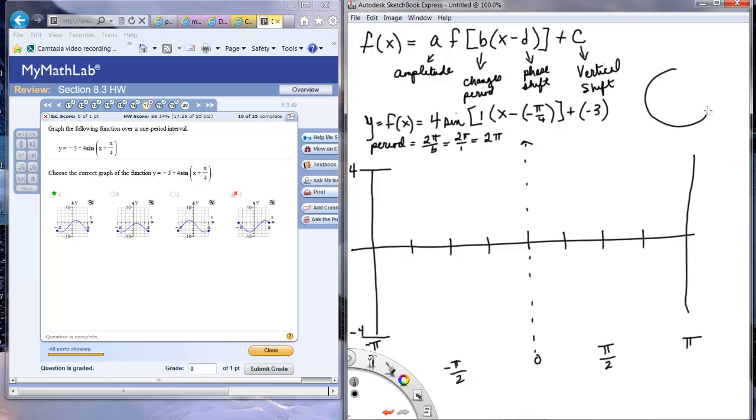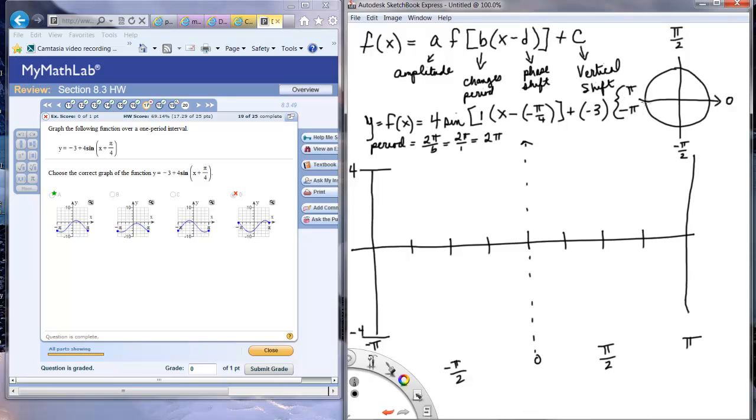And let me draw a little unit circle for us to remind ourselves where the angles are. There's negative pi over 2. There's positive pi over 2. And this is negative pi, but it's also positive pi.